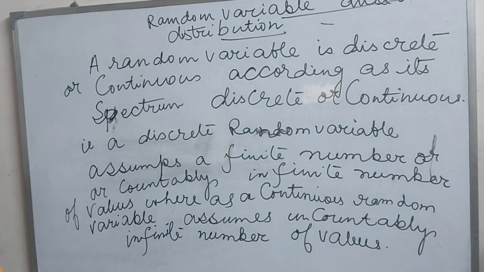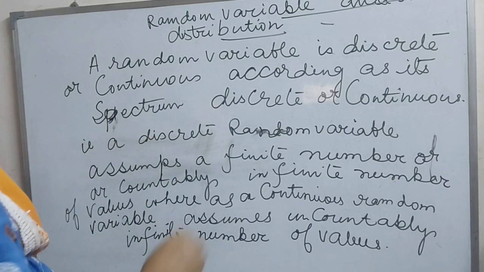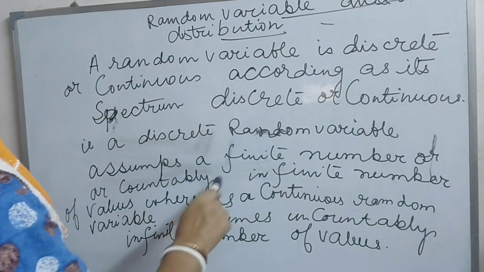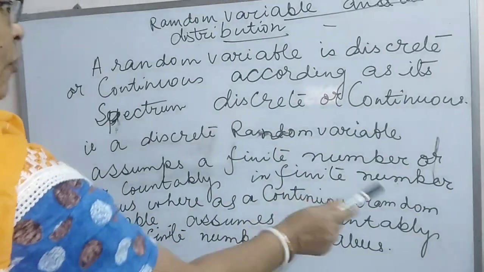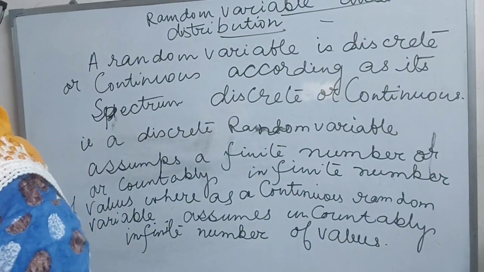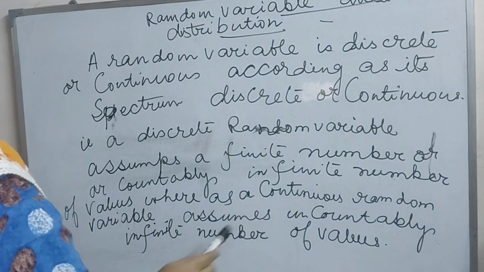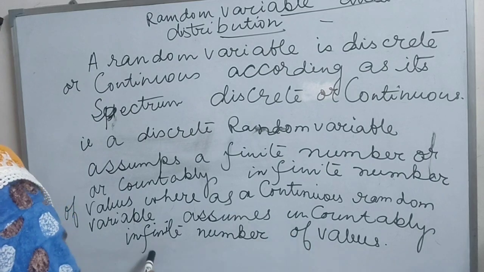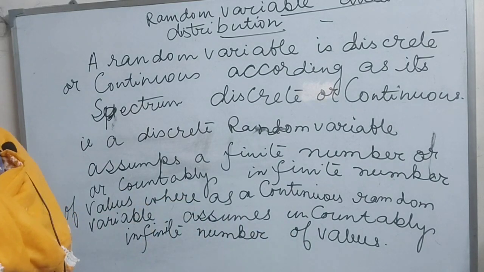This is the difference between discrete and continuous variables. In a discrete random variable, a finite number or countably infinite number of values occur, whereas in a continuous random variable, an uncountably infinite number of values occur.